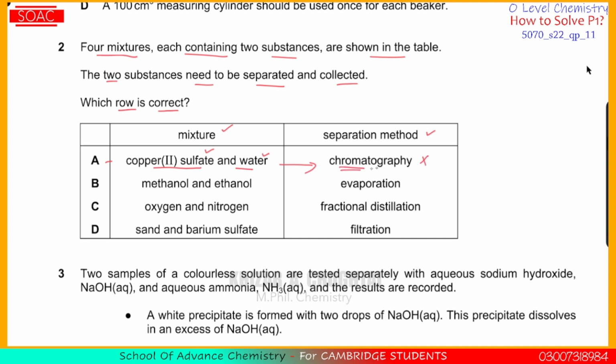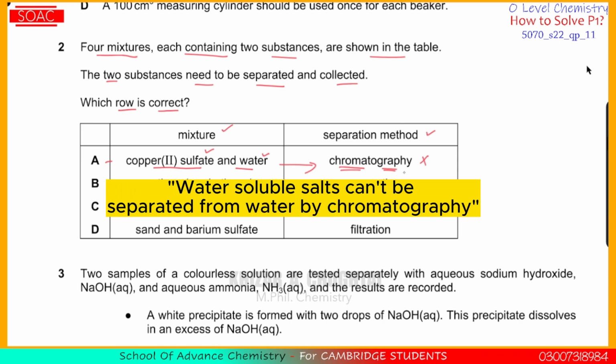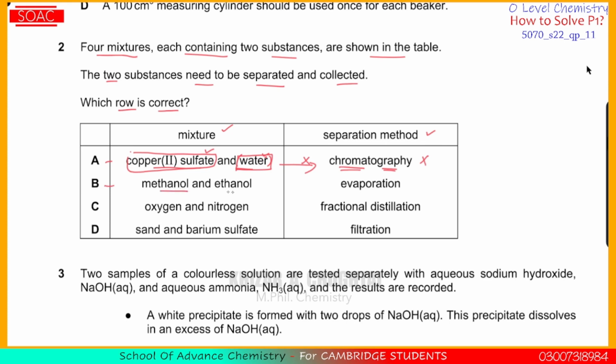Chromatography is the basic technique used to separate compounds on the basis of different colors, different solubility. So different colored compounds can be separated. As you know, water is a colorless substance, so this mixture cannot be separated. Option B, methanol and ethanol.